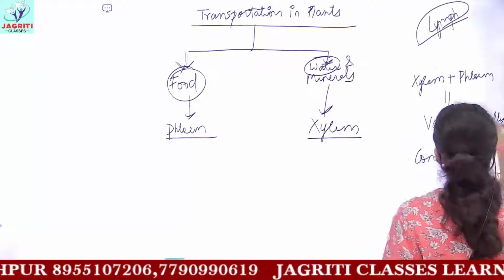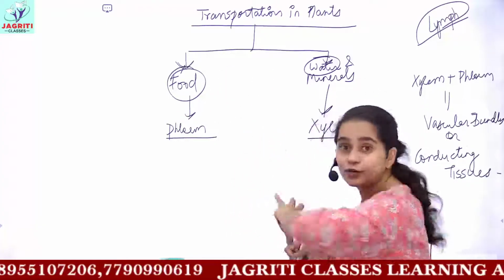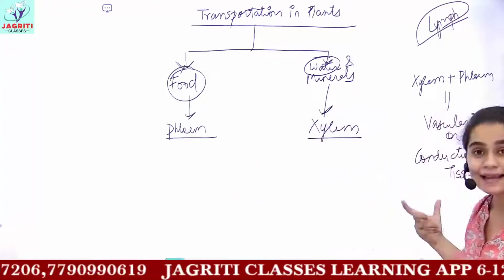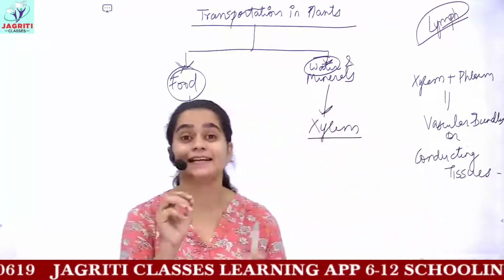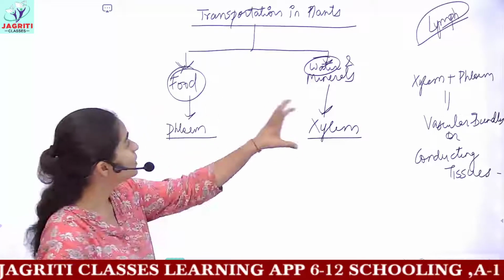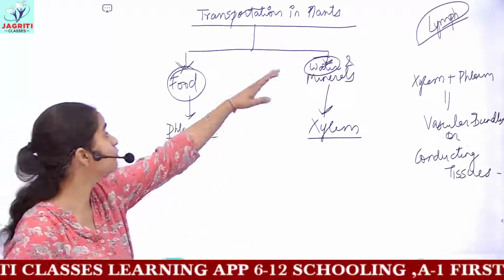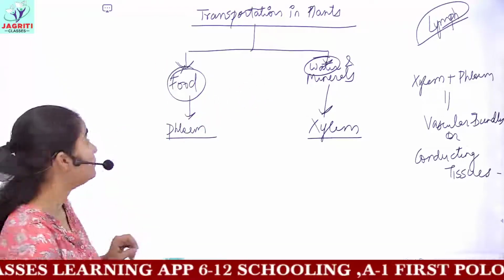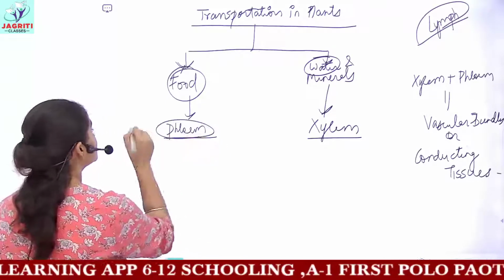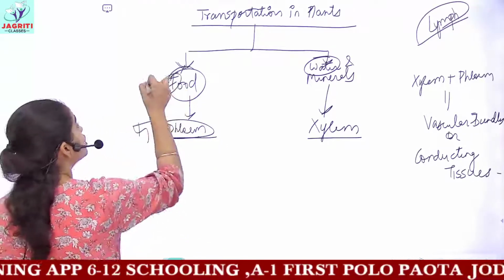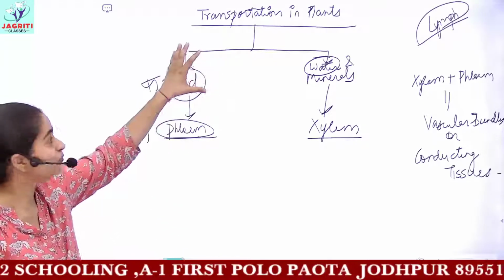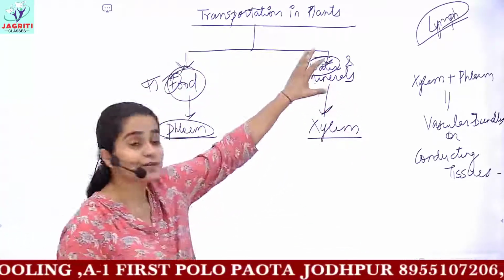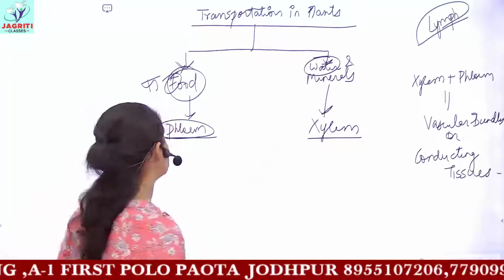I hope everything which I am taking as an introduction, I am giving you as a quick recap, a quick revision. You have studied all this in class 9, chapter 6, that is tissues. So xylem and phloem are responsible for transport of water and food. How to remember that? Phloem starts with the letter P, and food also starts with F, so phloem is responsible for the transport of food, and xylem is responsible for transport of water and minerals.